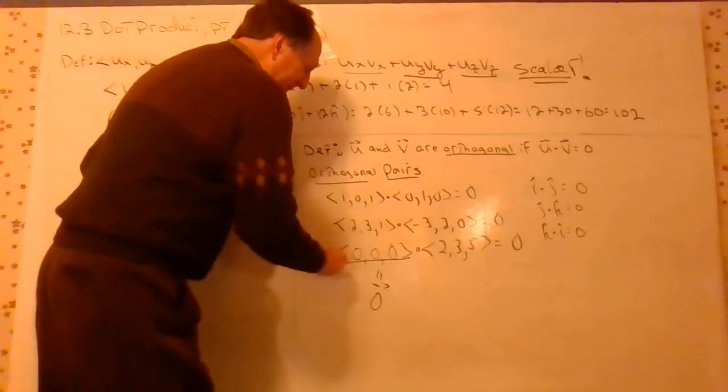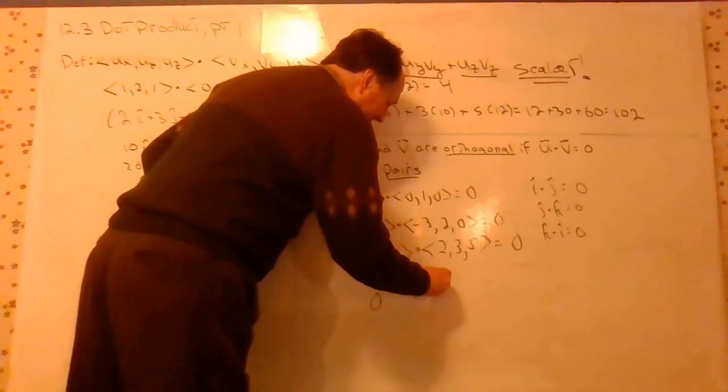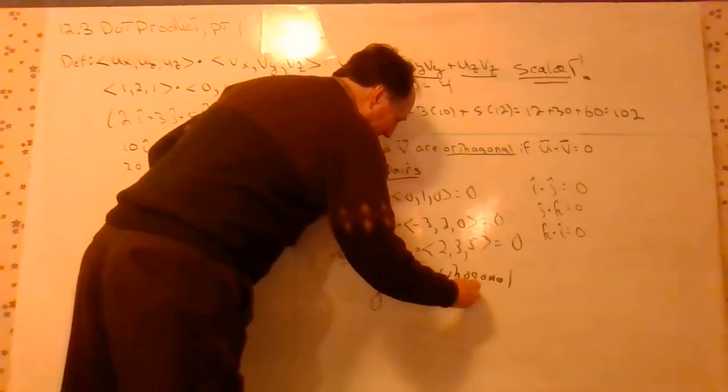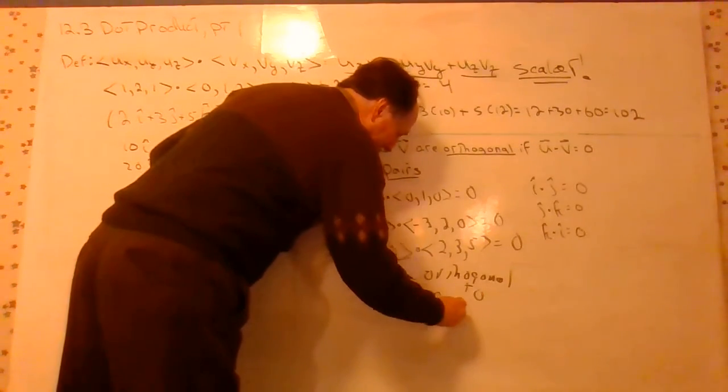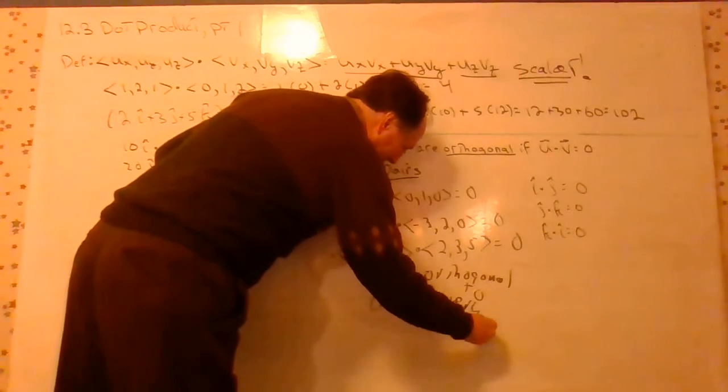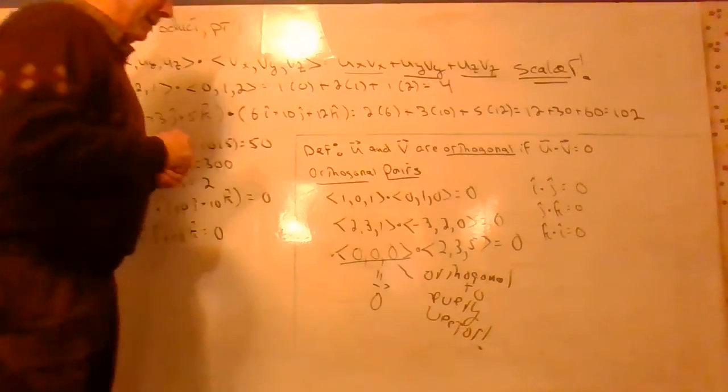This vector is orthogonal to every vector, and even orthogonal to itself.